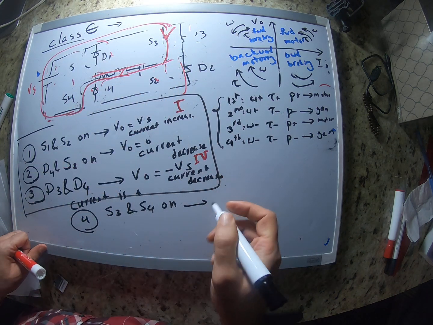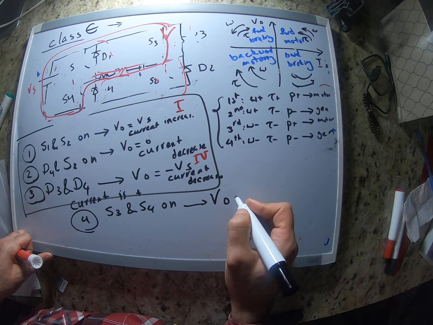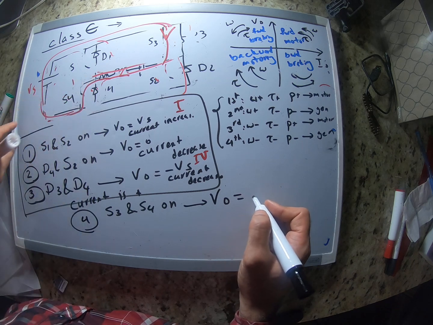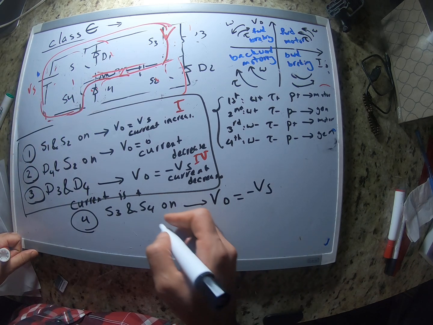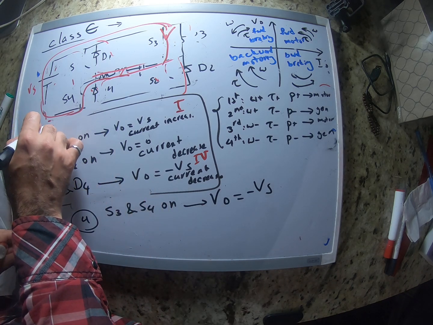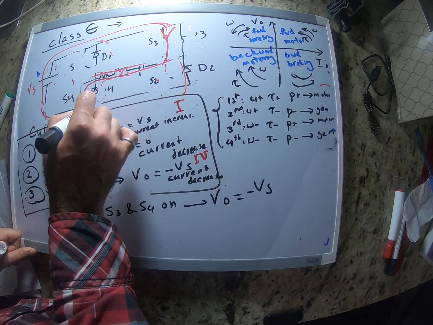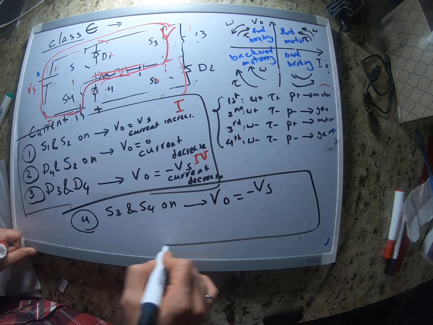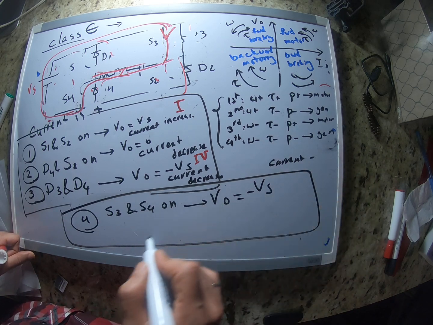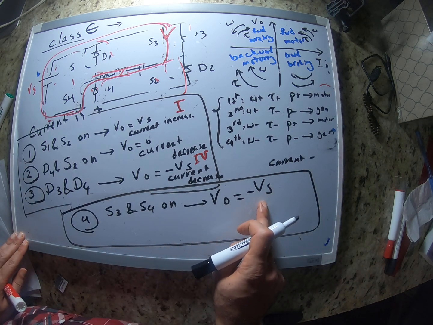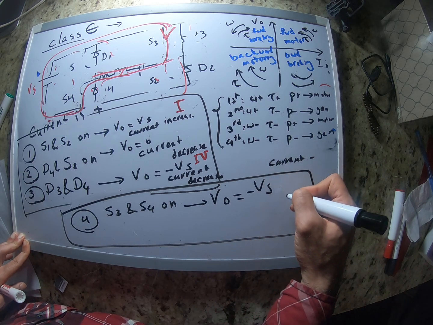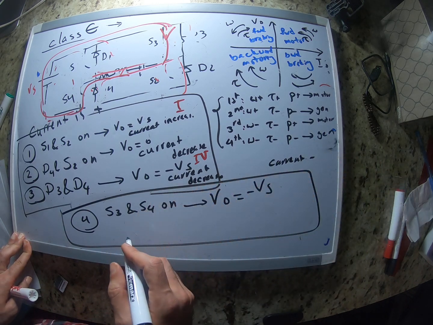So at this point, VO is going to be equal to negative Vs, and the current is going to be negative. Here the current is positive; for these ones, current would be negative. VO is equal to negative Vs. Current is negative and it's increasing in the negative direction.